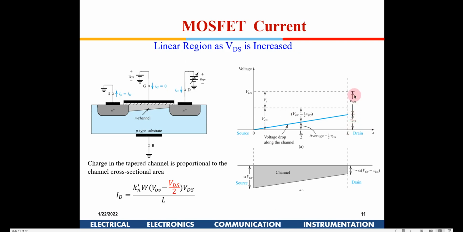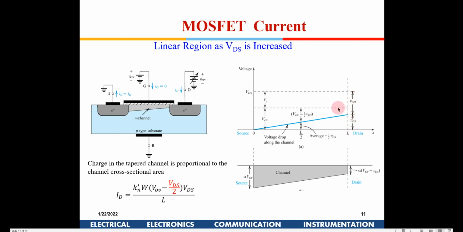Now what about VGD? So this is VGD here. This is VDS, this is the gate voltage, and VGS is the entire thing, whereas we have put VDS here. So now VGD is this much.